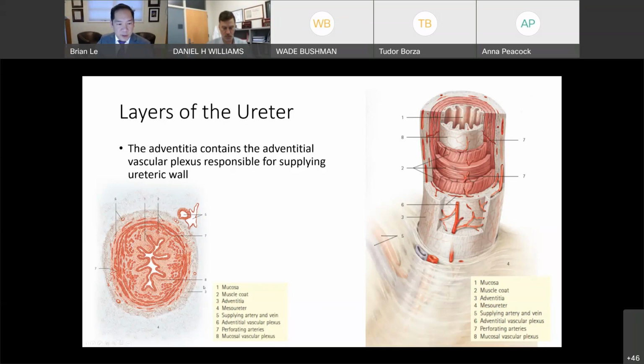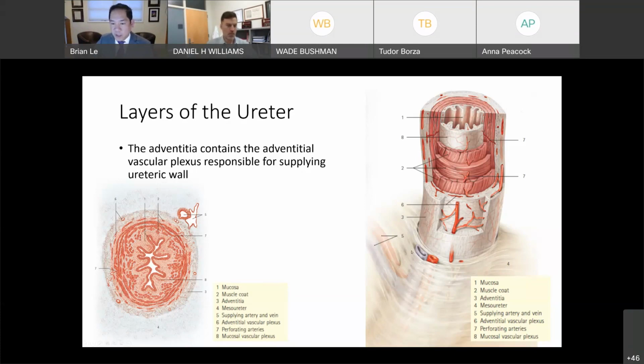This layer here, which is what we often see, labeled 3, is the adventitia, this kind of whitish coat of the ureter. That's where this adventitial vascular plexus is really responsible for movement of blood longitudinally along the ureter. And so that is probably the most critical blood supply.